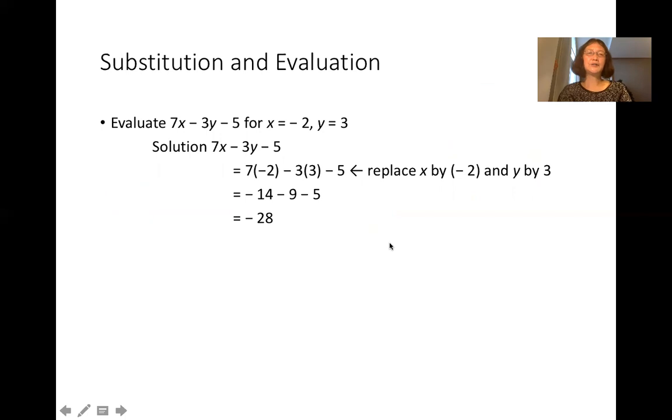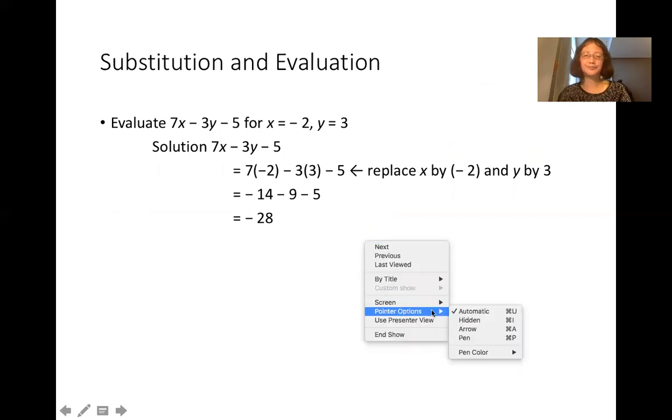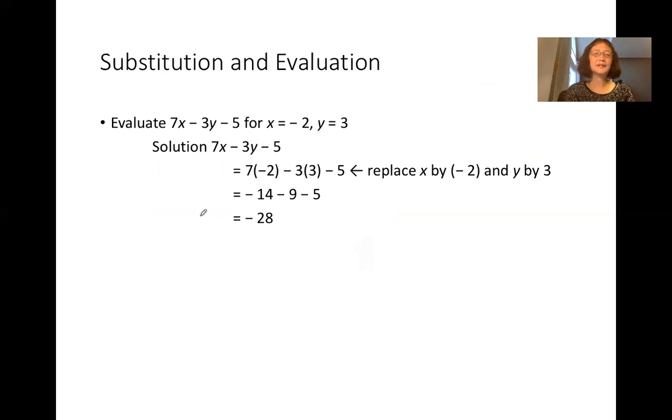So next, let's look at substitution and evaluation. Evaluate 7x minus 3y minus 5 for x equal to negative 2, y equal to 3. Okay. Here you see the variable x, variable y.